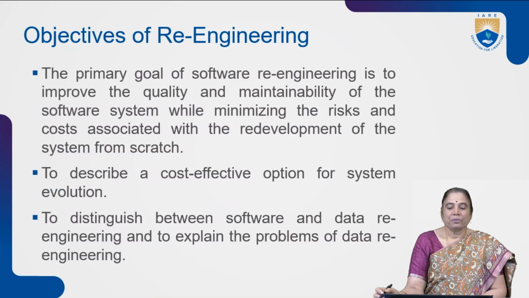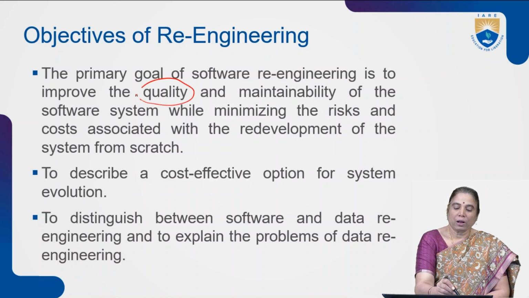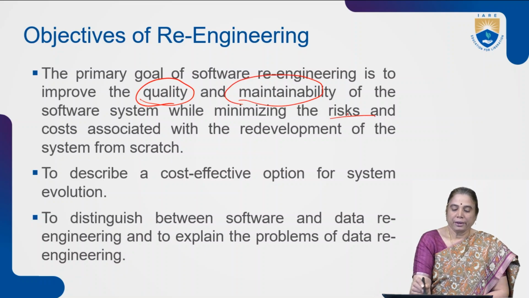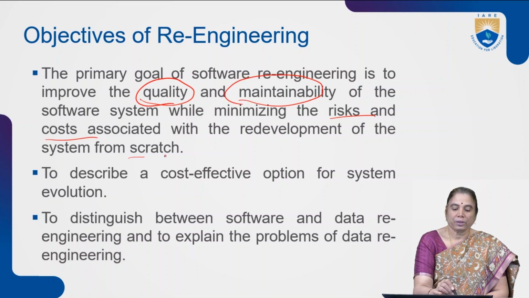The objectives of re-engineering: the major goal of re-engineering is to improve the quality and maintainability of the software and minimize the risk and cost associated with the redevelopment of the system from scratch.